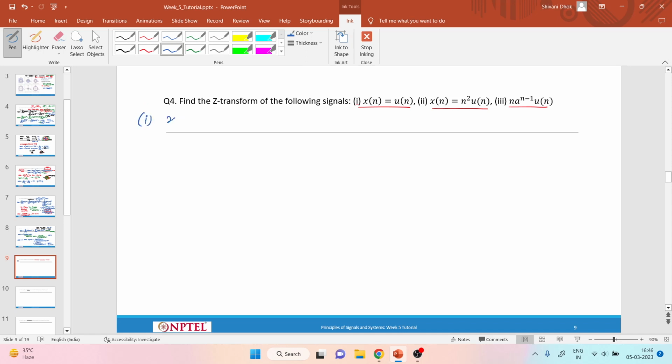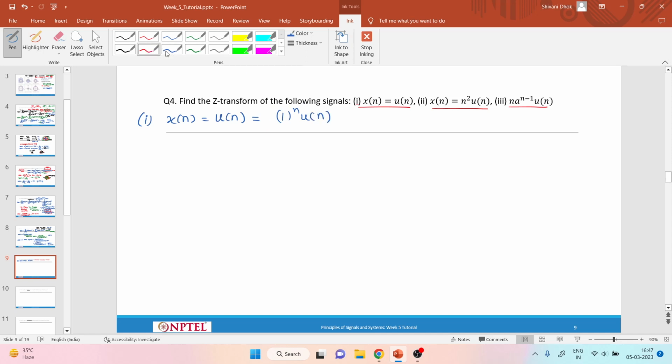That is, x of n is equal to u of n. Now this can be found using the standard definition, that is summation n running from minus infinity to infinity. Instead of doing that, I'll write it as 1 power n u of n.